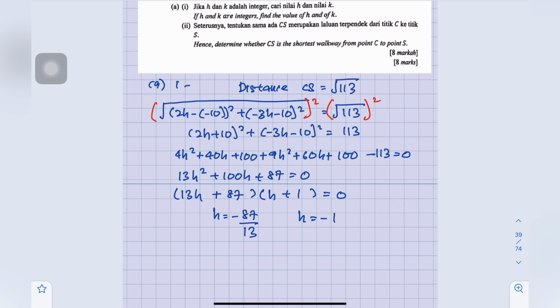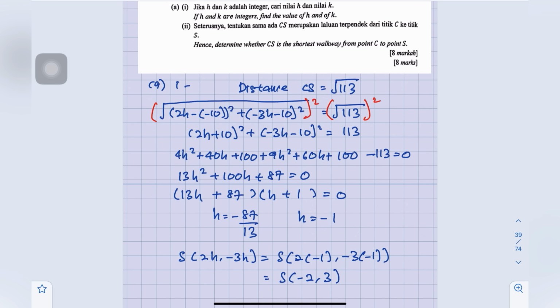Okay, so given from the question, H and K are integers, so we choose H equals negative 1. Then S just now is (2H, negative 3H), so we substitute: 2 times negative 1, negative 3 times negative 1, which is S equals (negative 2, 3).